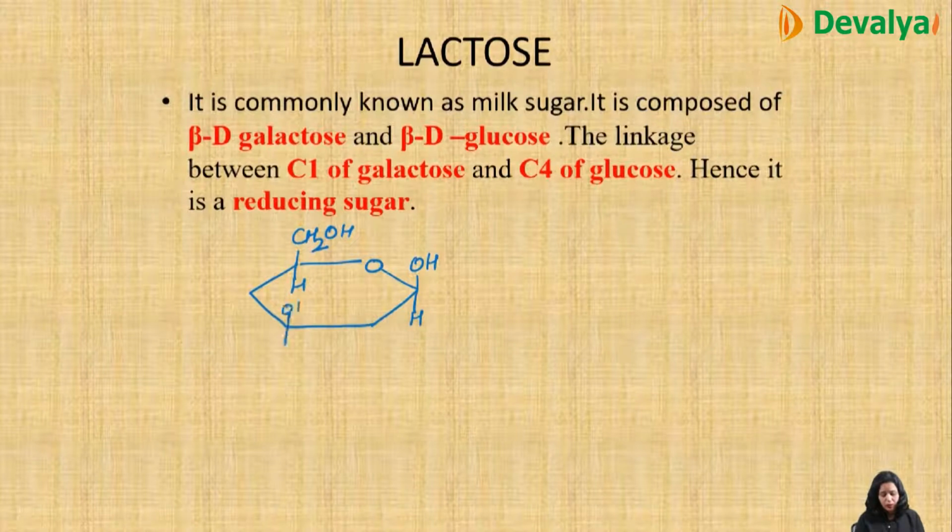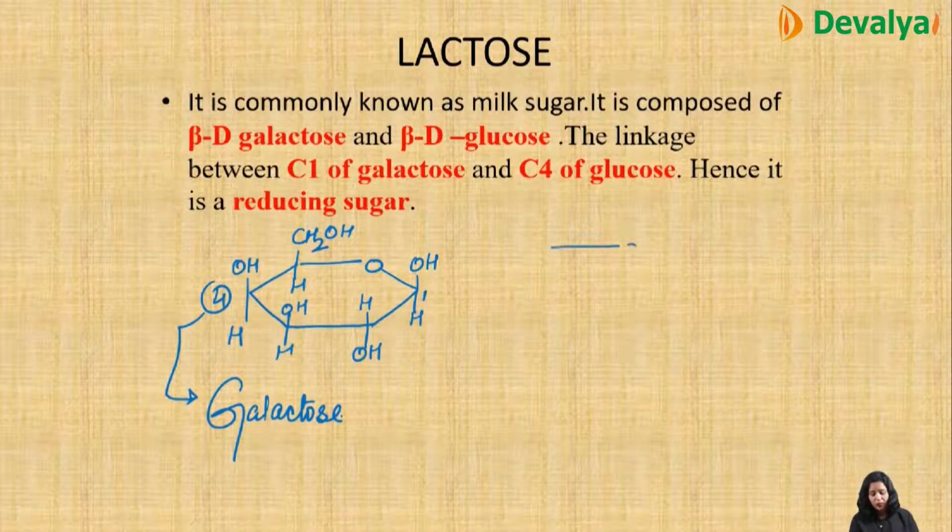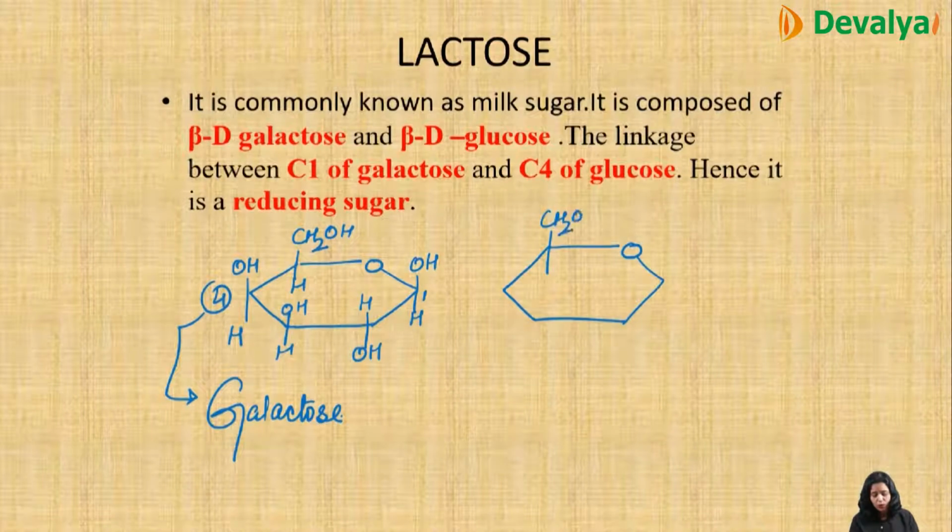Third OH on the upper side. But here we are making the structure of galactose, so third and fourth both OH will be on the upper side. This is the key point to remember in the case of galactose. This is galactose. Now we'll take carbon 1 of galactose and remember carbon 4 of glucose. Now we'll draw the glucose structure here, CH2OH.